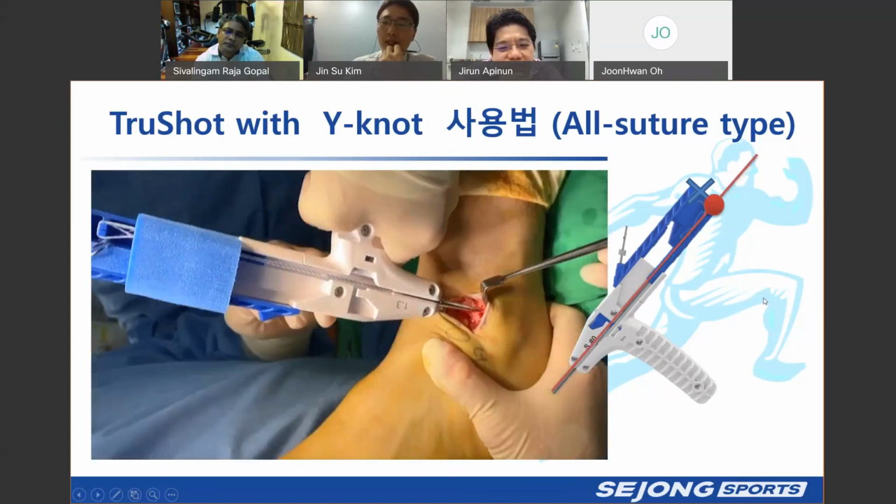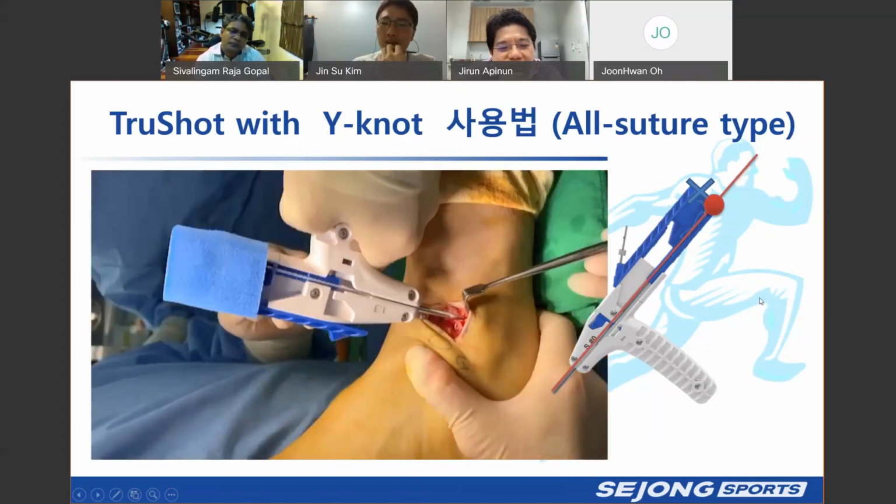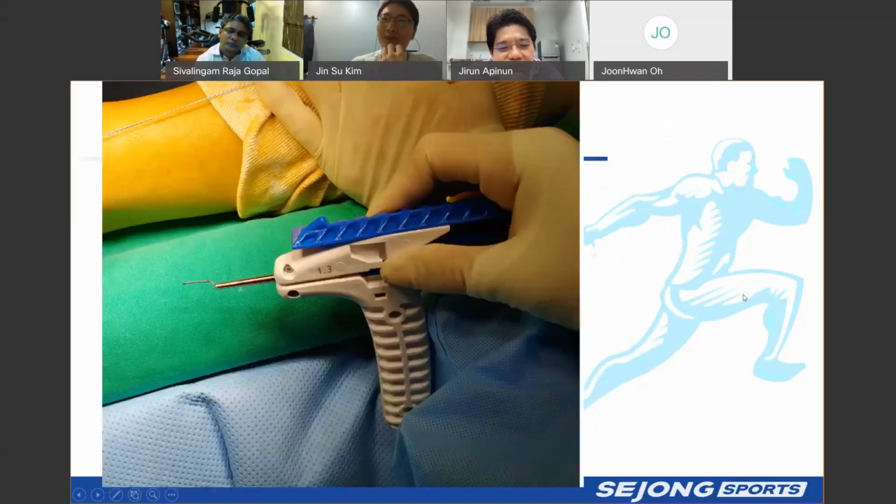It's very easy, and maybe you avoid this kind of complication. If you make an error, the tip can bend, and you miss it.